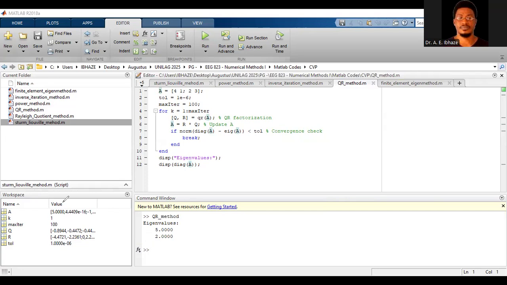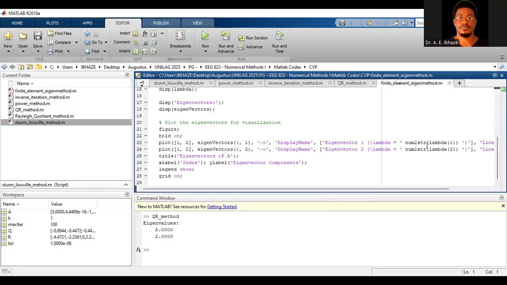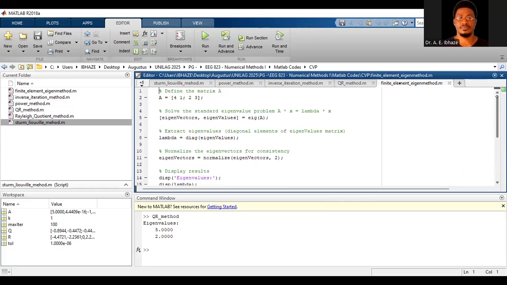And then we also have the finite element method. And this method literally approximates the eigenvalues and the eigenfunctions of differential equations by discretizing the domain into finite elements.